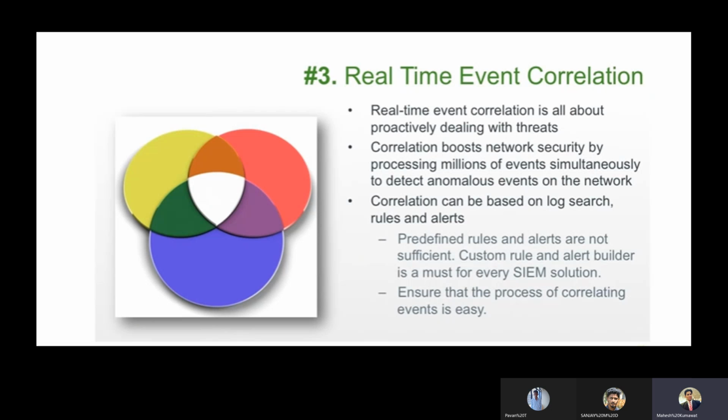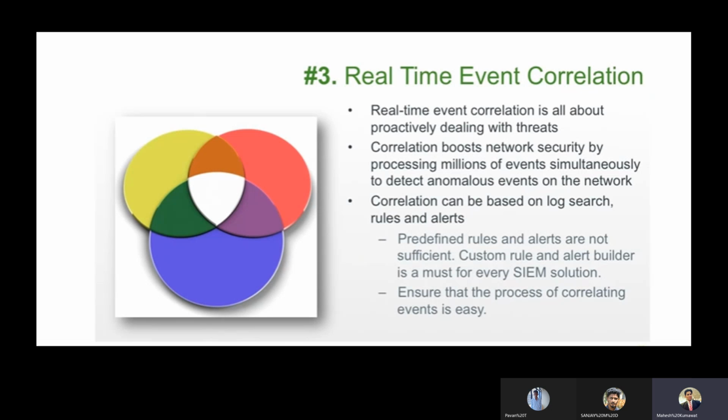The third thing is that the SIEM solution is used for real-time event correlation. Real-time event correlation is all about proactively dealing with threats. Correlation boosts network security by processing millions of events simultaneously to detect anomalous events on the network.